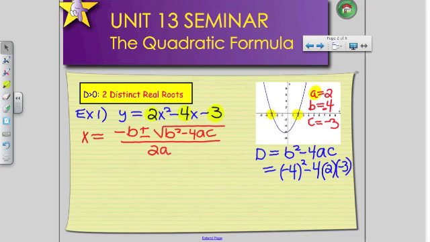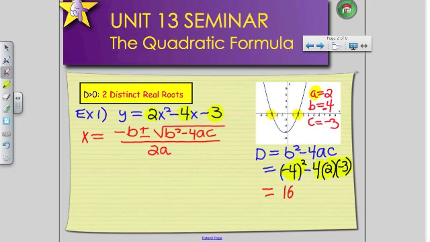I want you to pay particular attention. B squared is by itself. That's one value. And then the -4 times 2 times -3 is going to give you a whole different value. These three numbers are being multiplied together. So when we actually perform my calculation, Pamela, what is -4 squared? Equal to 16. Good.